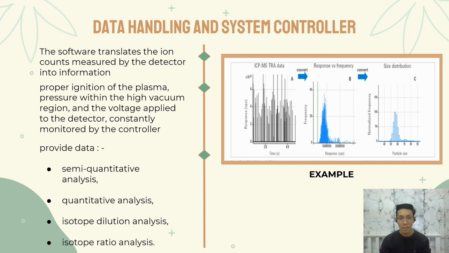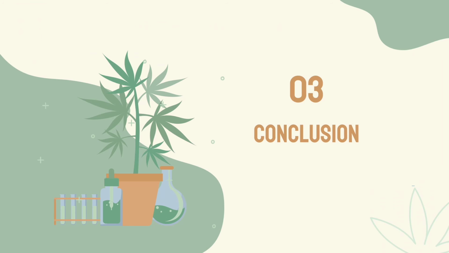ICP-MS provides data in four ways: semi-quantitative analysis, quantitative analysis, isotope dilution analysis, or isotope ratio analysis. Here is an example of how ICP-MS presents data.